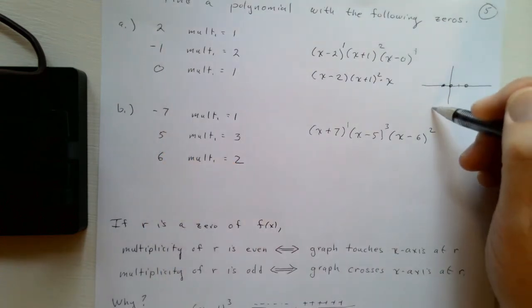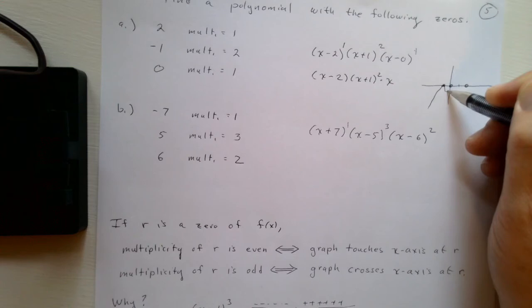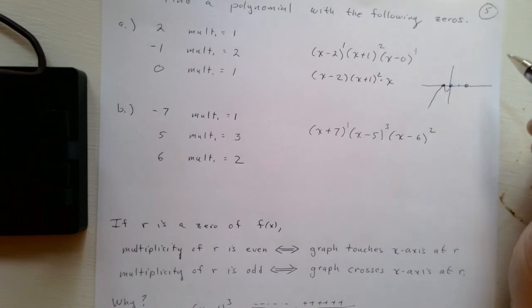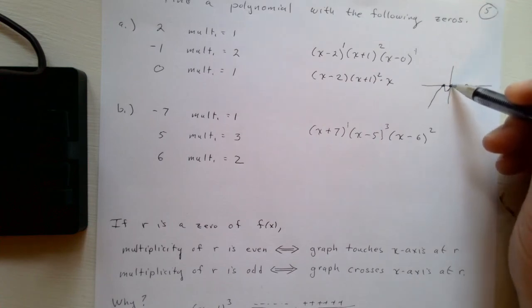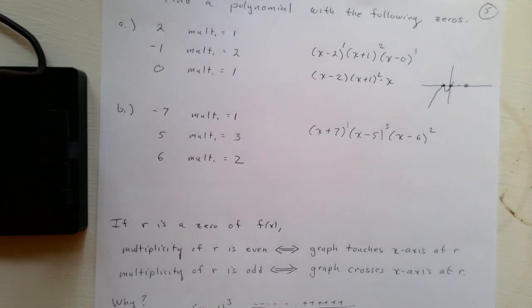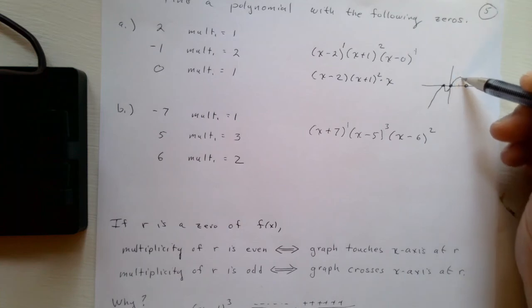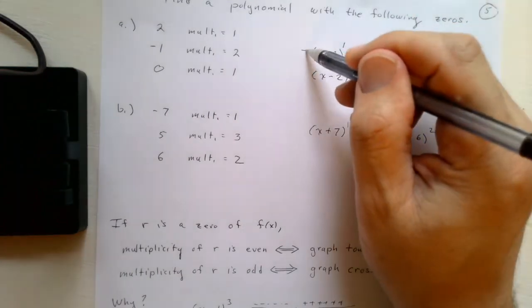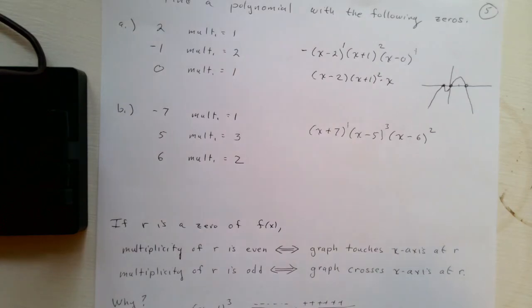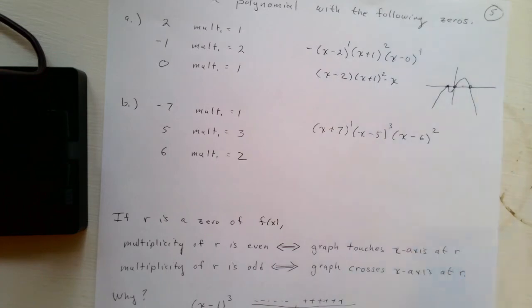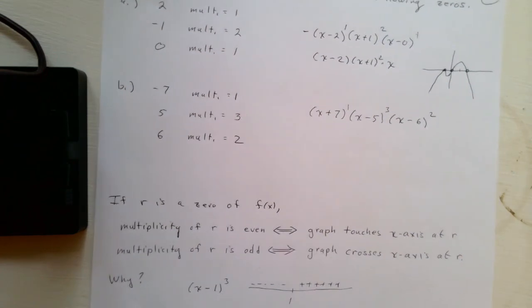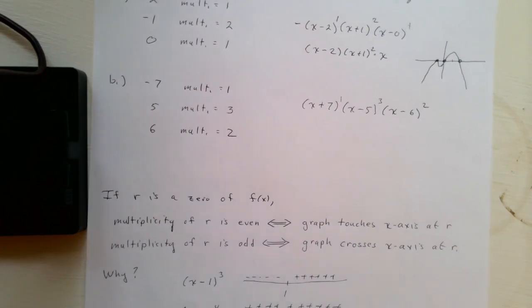So in fact, the graph will look like this. Actually, no, it'll look something like this. Actually, let's put a minus sign out here. So that's what this will look like. We'll talk more about why we need that minus sign later on. But this is kind of live, so that's what it is.